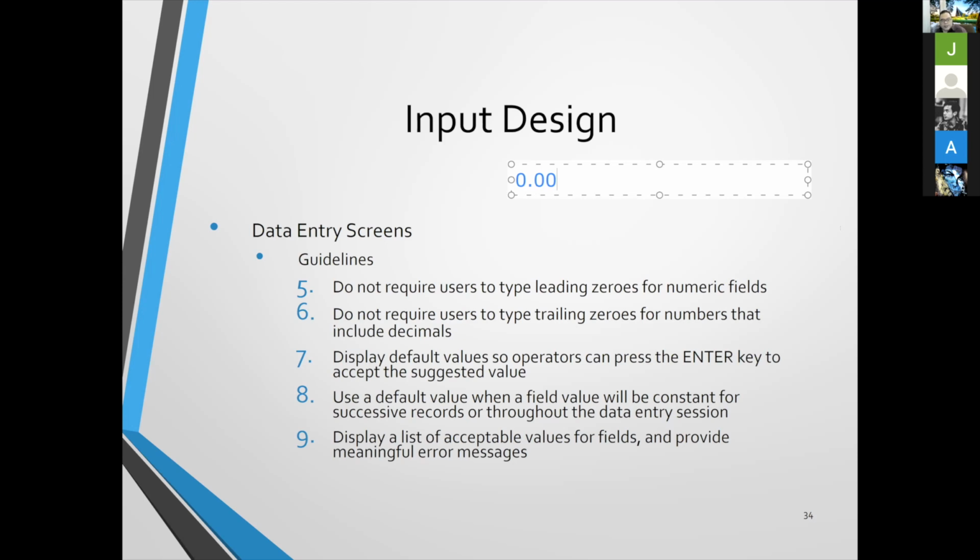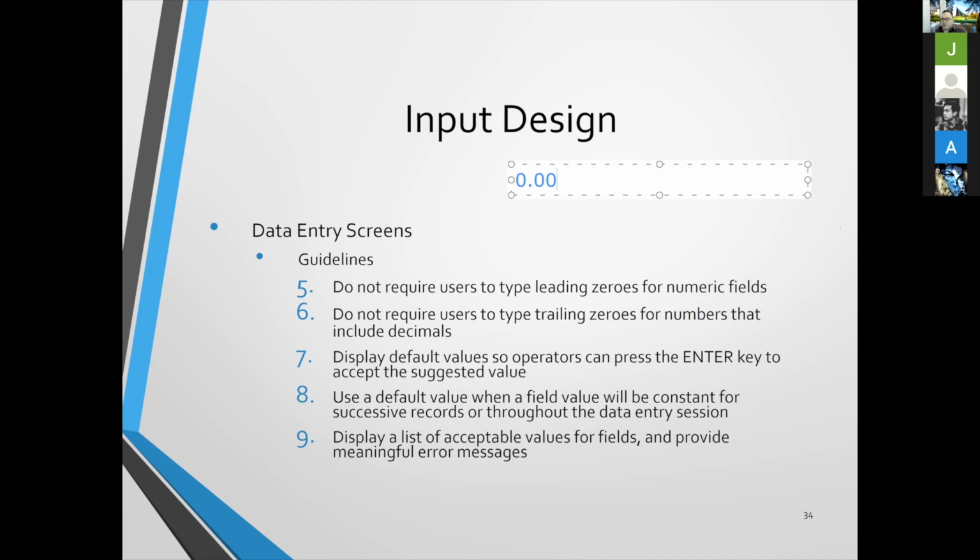Next, number 8, use a default value when a field value will be constant for successive records or throughout the data entry session. For example, the current date or transaction date, instead of letting them enter the date every time. You may just show the default date first.